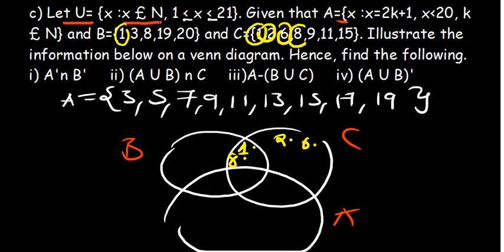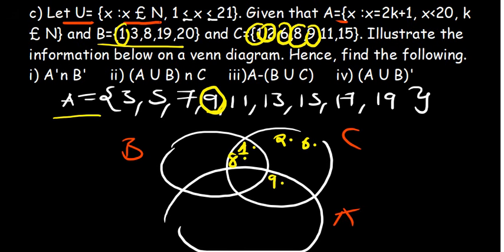I go to my 9. Is my 9 part of B? No. Is it part of A? Yes, it's there. So I'll write it there. So 9 is in the intersection of A and C. I go to my 11.